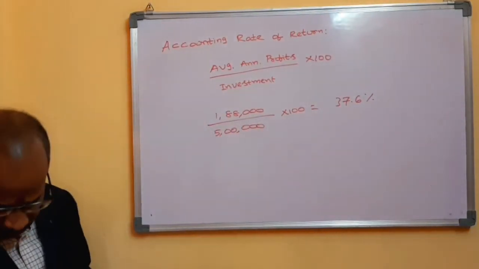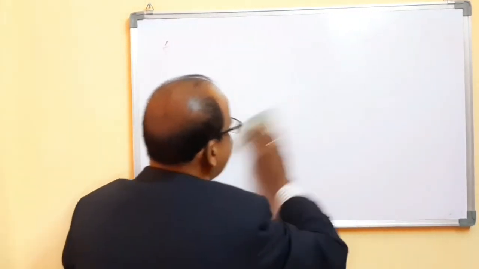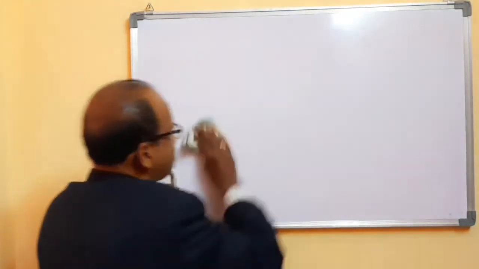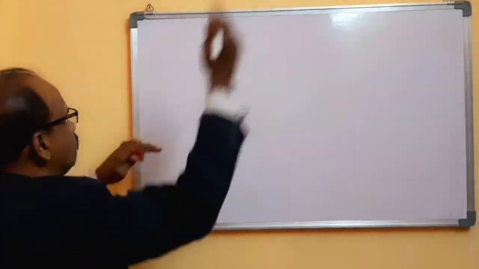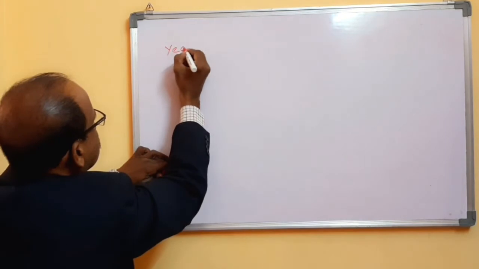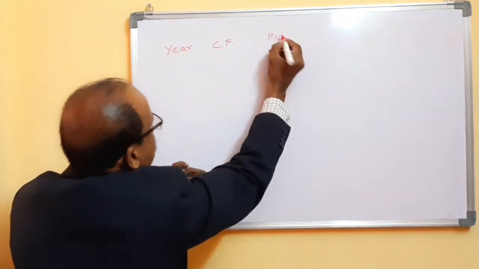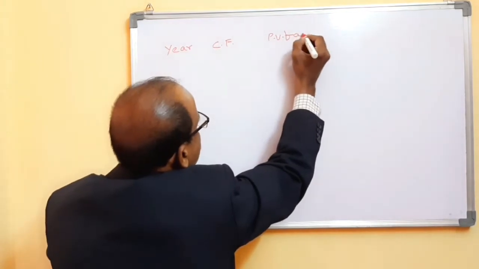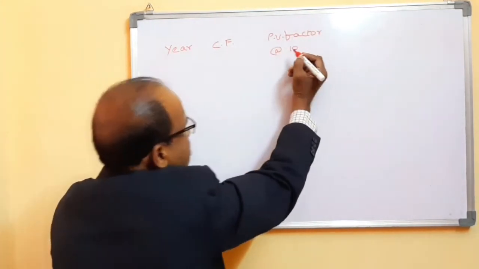Next one, net present value. That is the modern technique or discounted technique. How to calculate net present value? Cash flows, PV factor at 10%. In this problem they give 10%, so we take 10%.